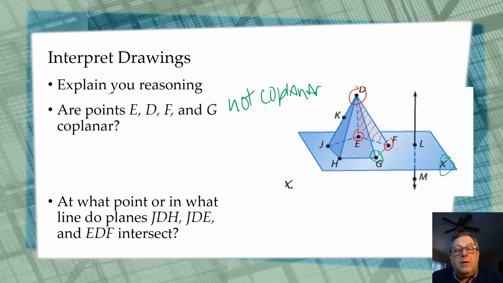At what point or in what planes are JDH, JDE, and EDF? And at what points do they intersect? Okay, at what points do they intersect? Well, let's see. Pick a color here to deal with.